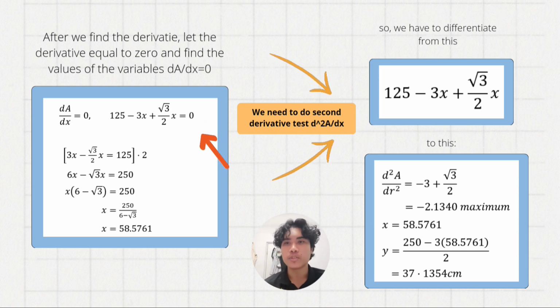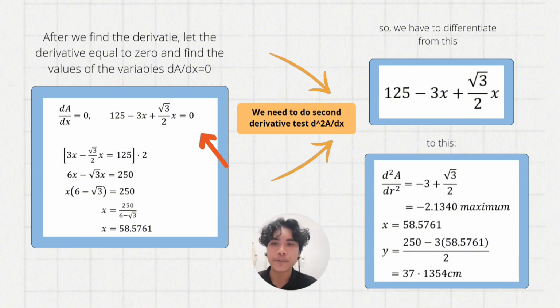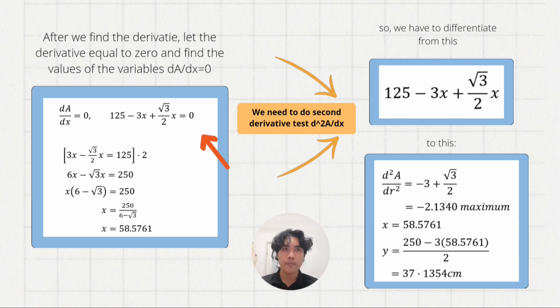So we have 125 minus 3x plus square root of 3 over 2 x equals 0. To remove the denominator, we multiply everything by 2 and solve it. Then we have x equals 58.5761. Then we need to find the second derivative from the derivative we got earlier.